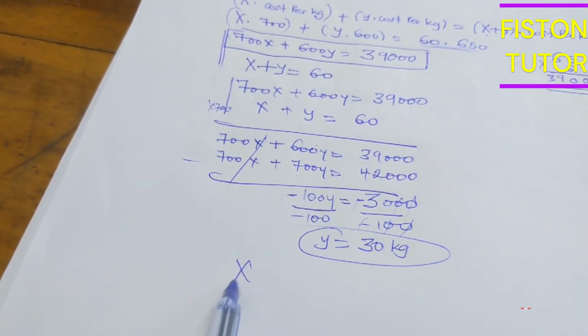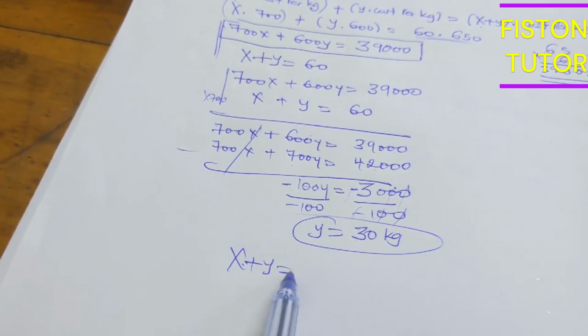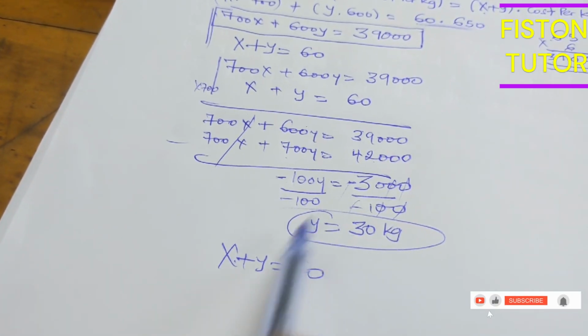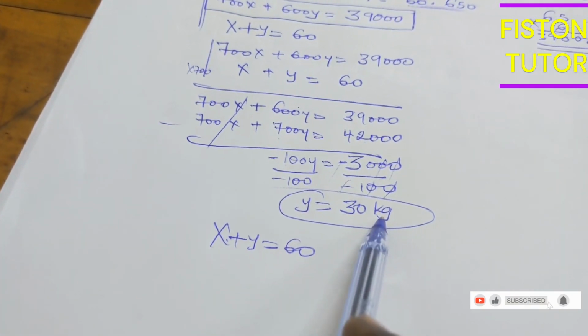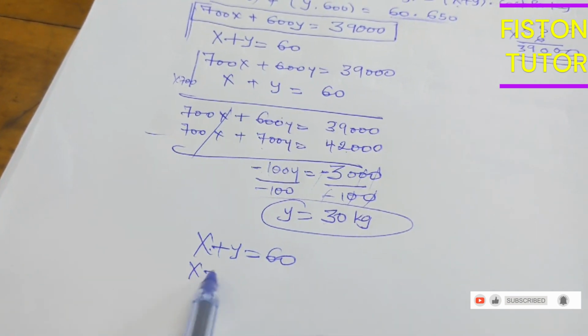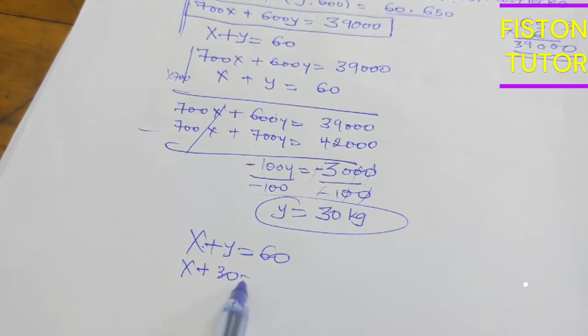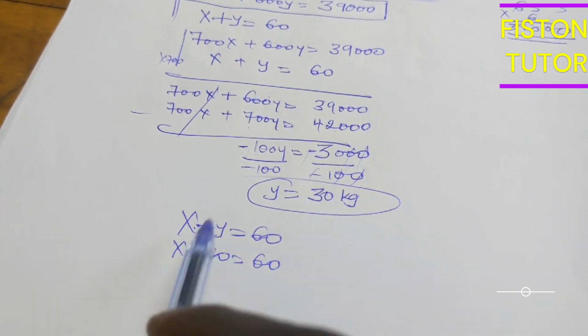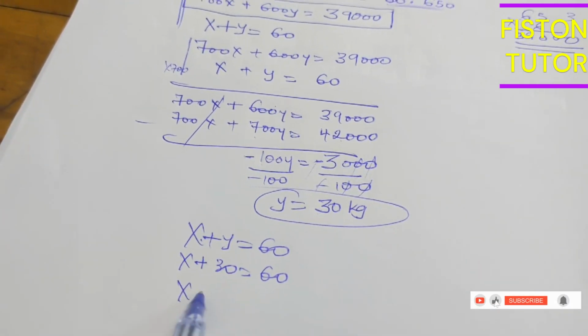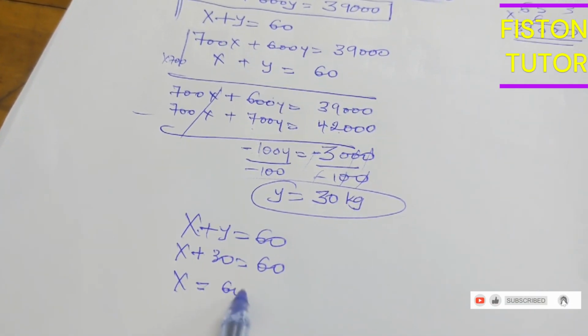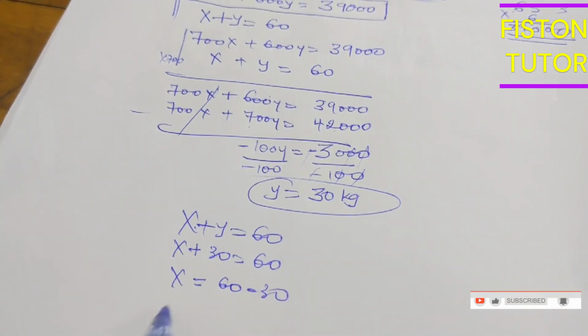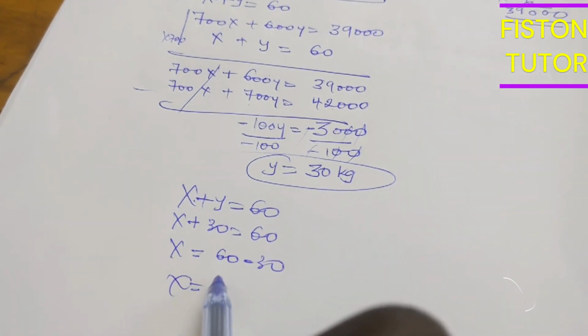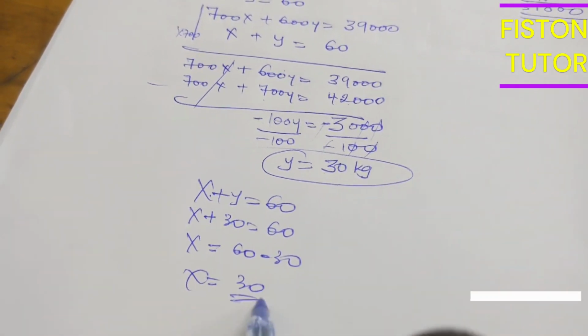And we have the formula x plus y is equal to 60. Now let us substitute this value of y. x plus 30 will be equal to 60, and x will be equal to 60 minus 30. x will be equal to 30.